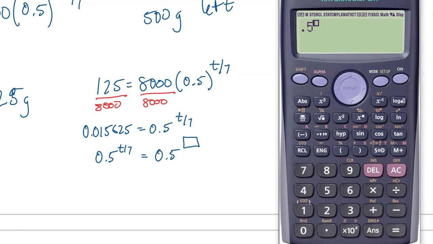0.5 to the 3? So I'm trying to get that decimal. 0.125 is not right. I'm going to go up bigger. How about 50? Way too small. That went into scientific notation.